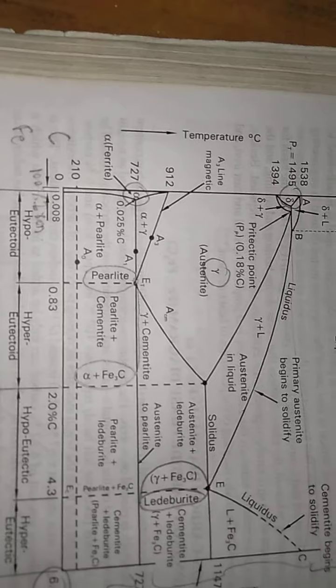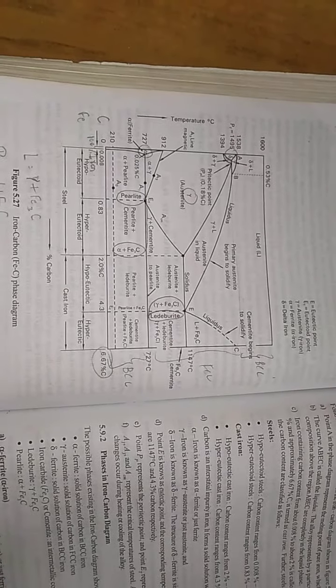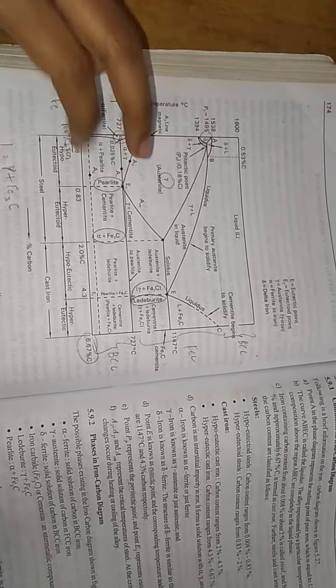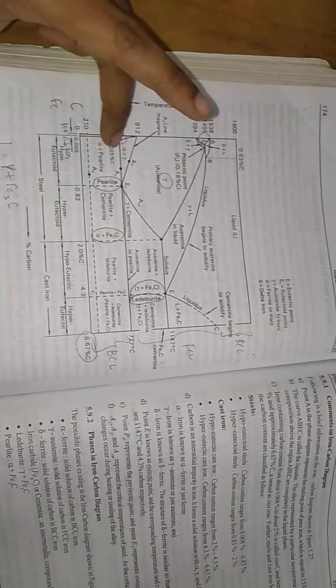So this is your iron carbon diagram. Now the main observation of this phase diagram is that pearlite and alpha ferrite are formed at the same temperature. Alpha ferrite is formed at 727 degrees Celsius, and so is pearlite.